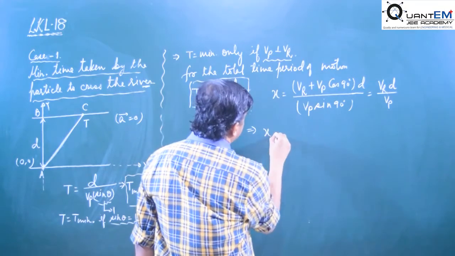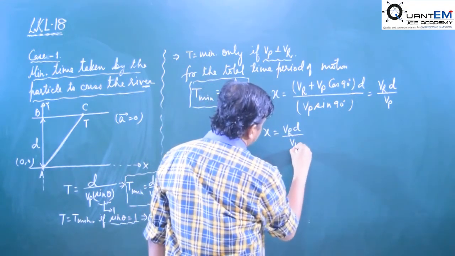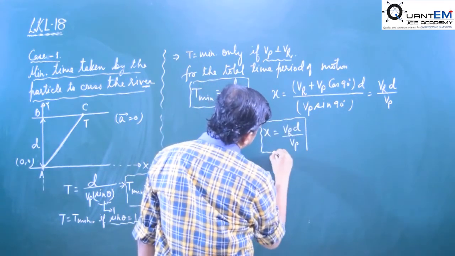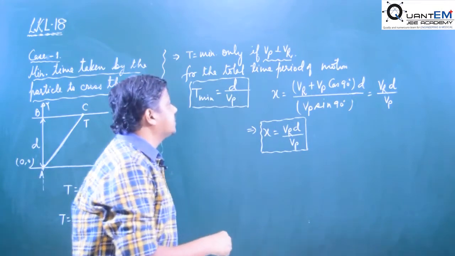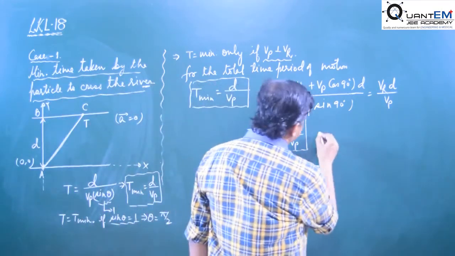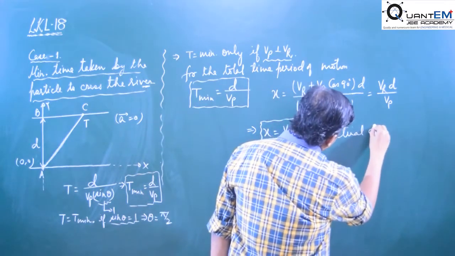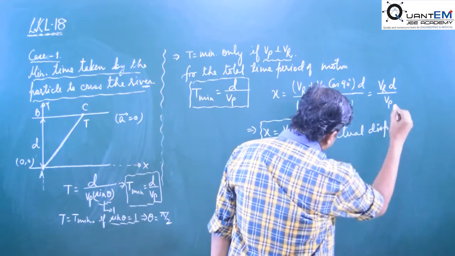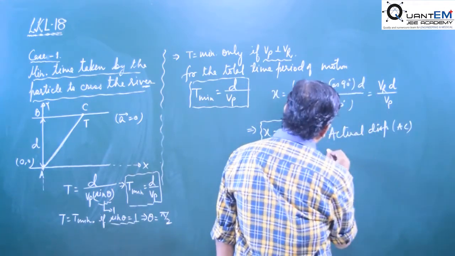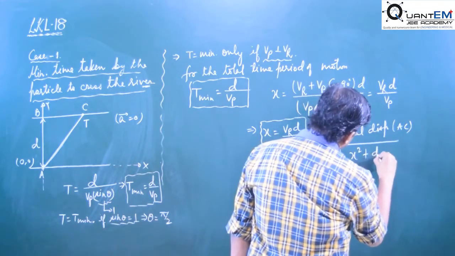So the horizontal displacement in crossing the river is Vr d divided by Vp. Then what is the actual displacement? It implies that the actual displacement, that is equal to AC, is equal to under root x square plus d square.